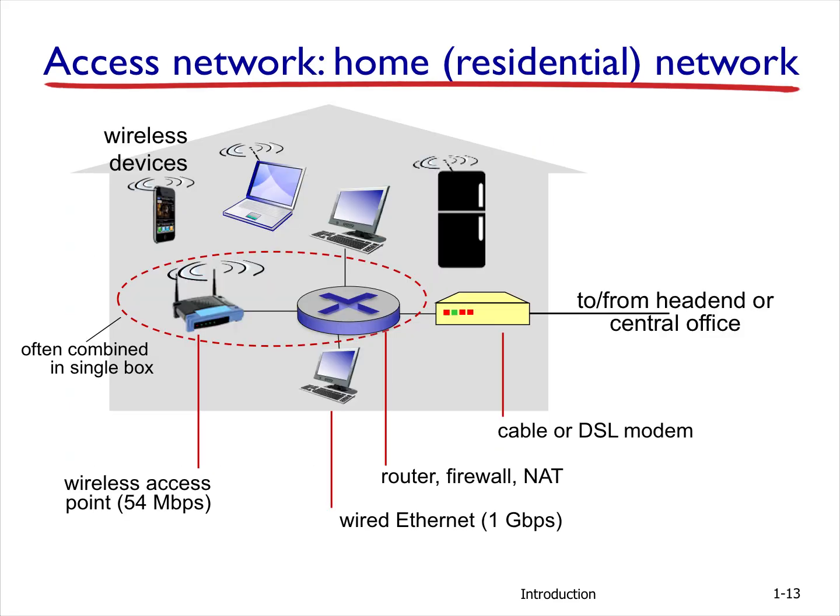This is just an enlarged picture of a home access network or a home edge network, not much information added here. We call it residential as well, and it just shows you that even in a small residential network, you can still have varieties of connectivity.